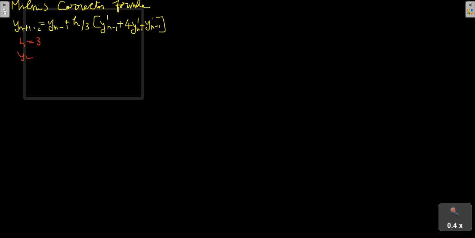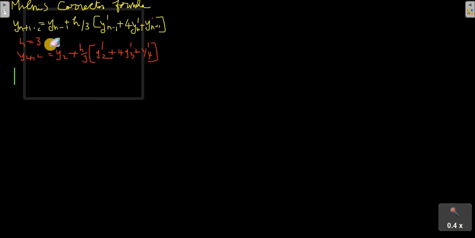So when n equals 3, I will get the y4 corrector formula equals y2 plus h by 3 into y2 dash plus 4 times y3 dash plus y4 dash. You must understand this very clearly.